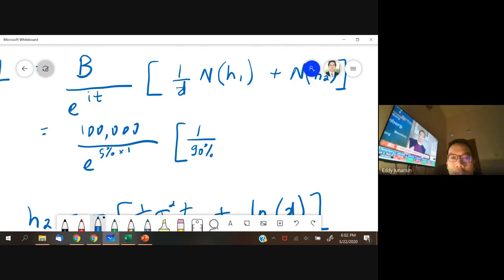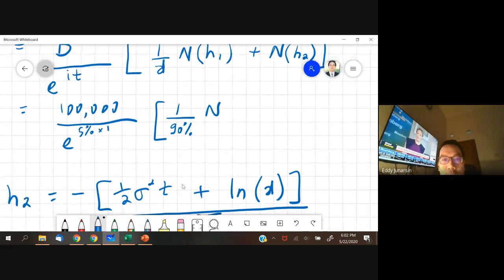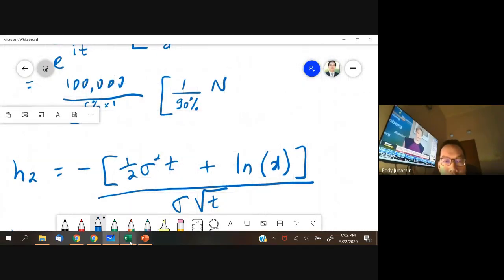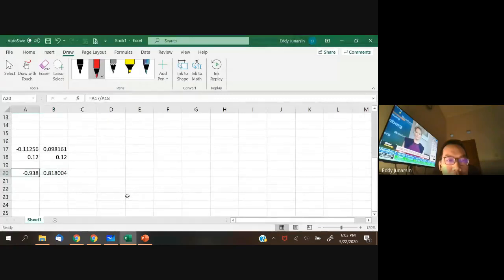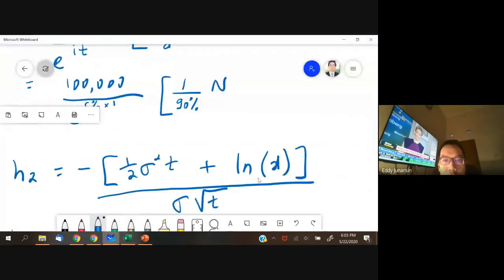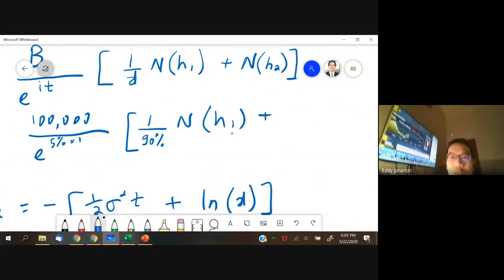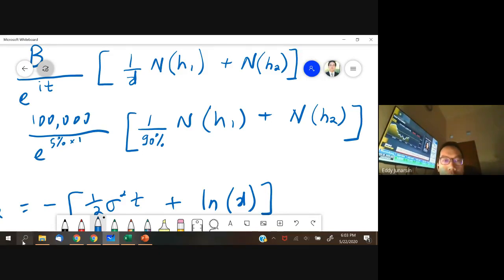Now we have to find the standardized normal distribution value of this minus 0.938, and then the H2 is 0.8180. Right? So the standardized normal distribution value of H1 and H2. Okay, so we'll do it here.